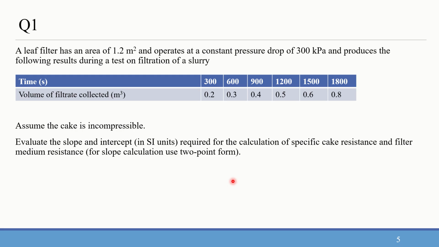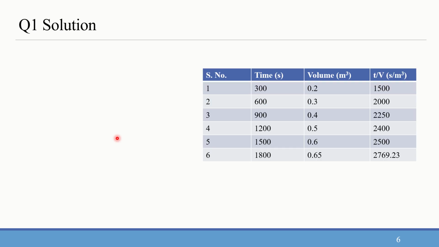So we are given the volume of filtrate collected at different times, and the leaf filter area is given as 1.2 meter square, operating at a constant pressure drop of 300 kilopascal. So now we have to evaluate the slope and intercept required for the calculation of specific cake resistance and filter medium resistance, Rm. So we'll see how to do it.